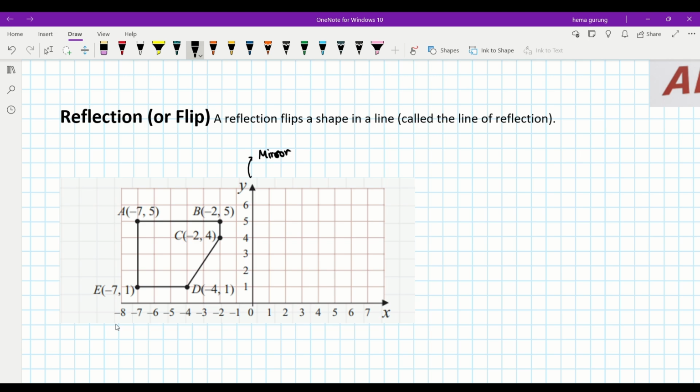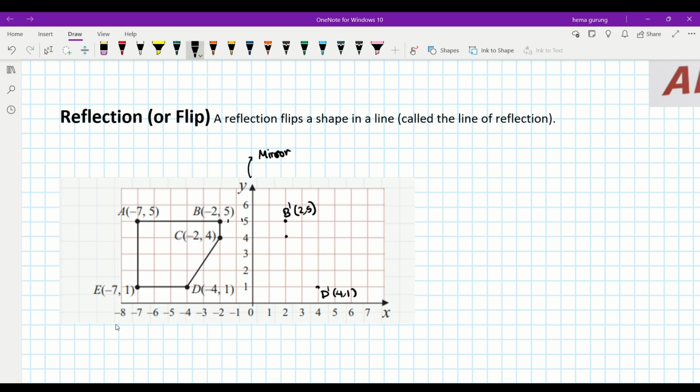So if B is here, which has a 2 units gap from the mirror, that means the image of B, which is called B dash here, you'll see the coordinate, it will be 2, 5. It is basically 2 units from the mirror. Similarly, D, you see it is 4 units from the mirror, so its image also will be 4 units away. So D dash, which is 4, 1.